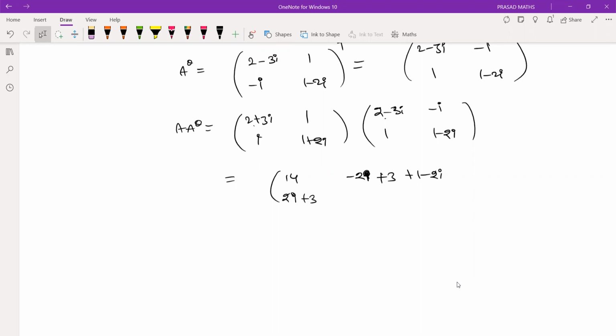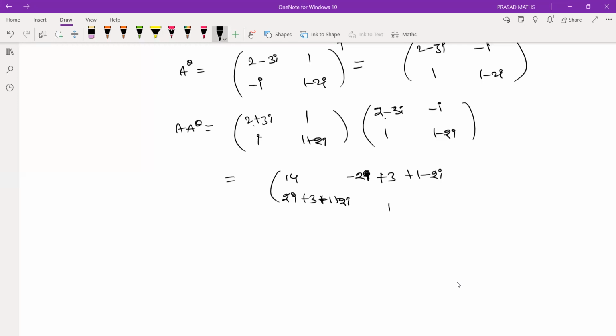Next, 1 plus 2i, plus 1 plus 2i. Next, 1 i into minus i is nothing but 1. Plus 5. 1 plus 2i into 1 minus 2i is nothing but mod z squared.